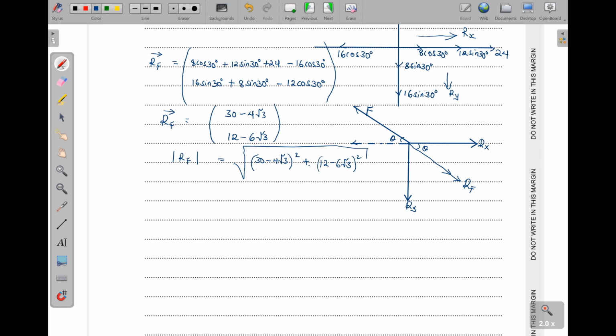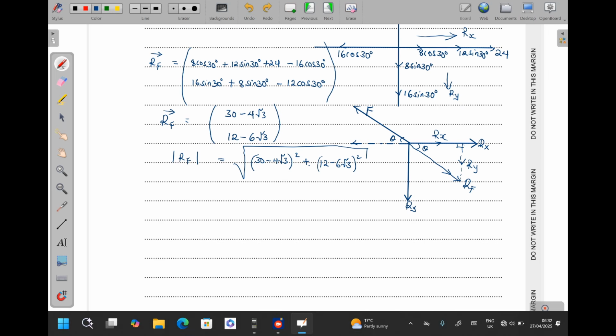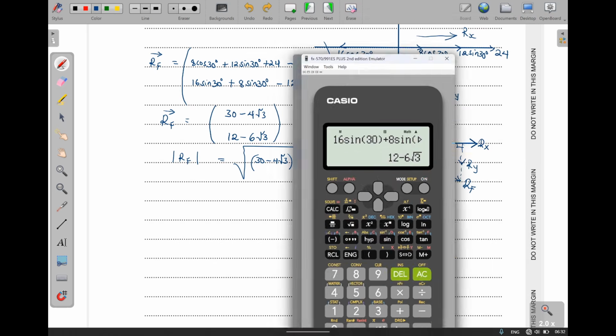So we use SOHCAHTOA. I can produce this one onto this. So I have Rx going this way and then Ry. So they form 90 degrees. So you can see that this is the hypotenuse there.